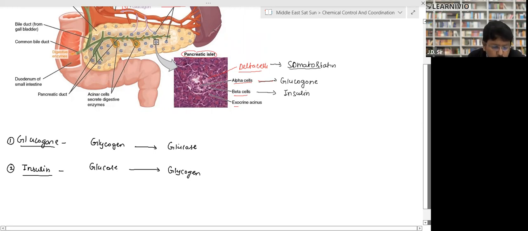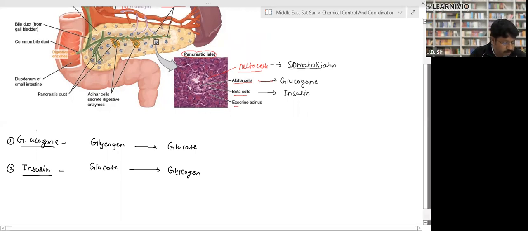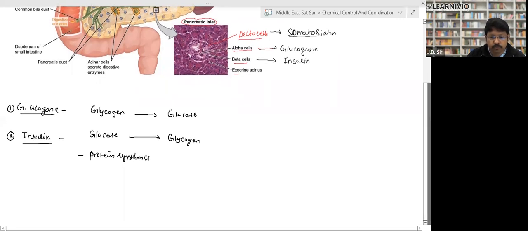It also promotes protein synthesis in tissues from amino acids.